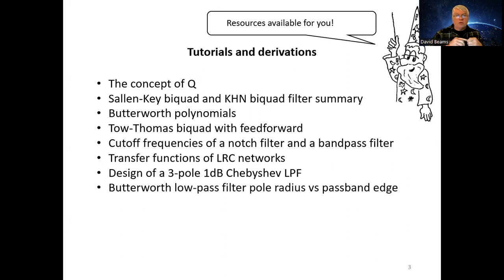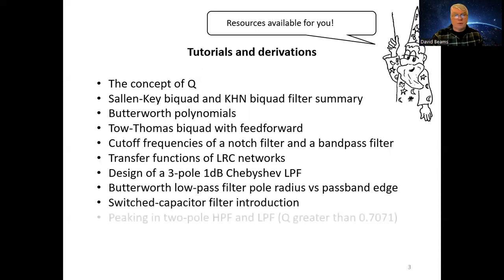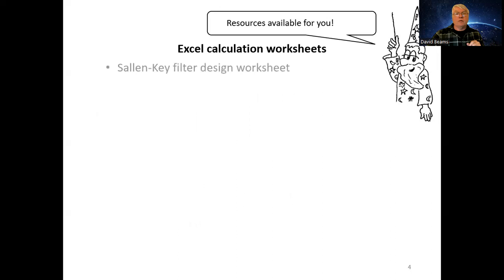I have a derivation of the so-called pole radius of a Butterworth filter versus the passband edge. And I have a short introduction to the topic of switched capacitor filters and the topic of peaking in the response of high pass or low pass filters where the Q exceeds root 2 over 2.